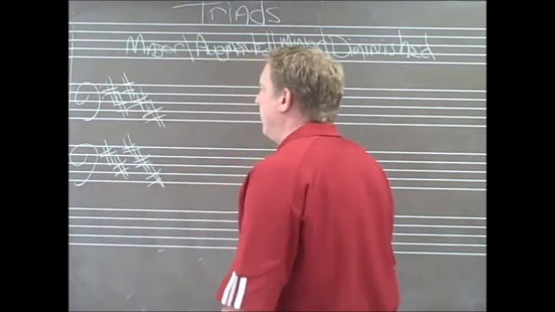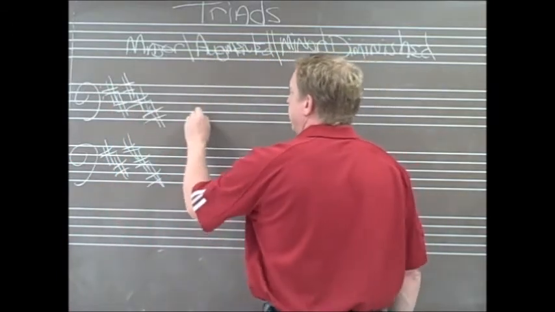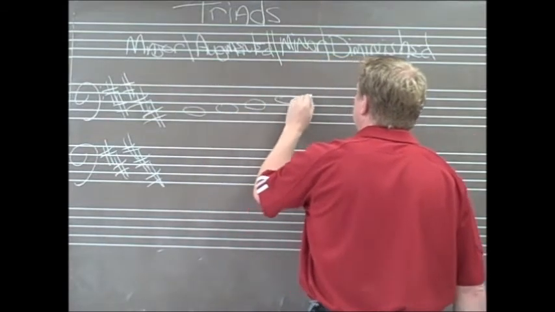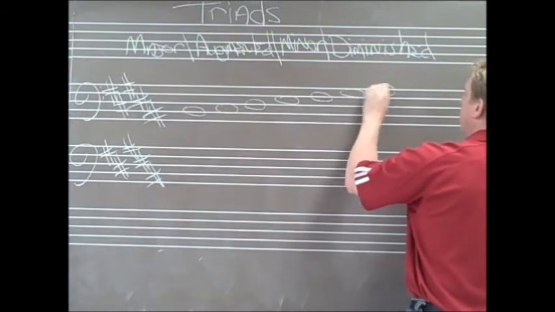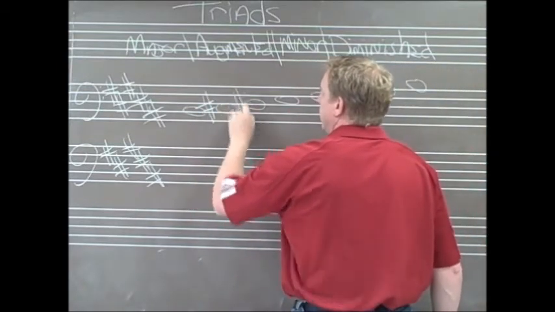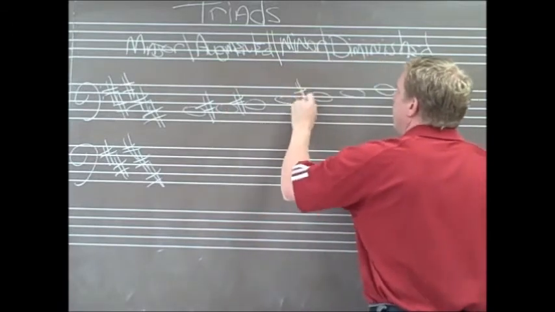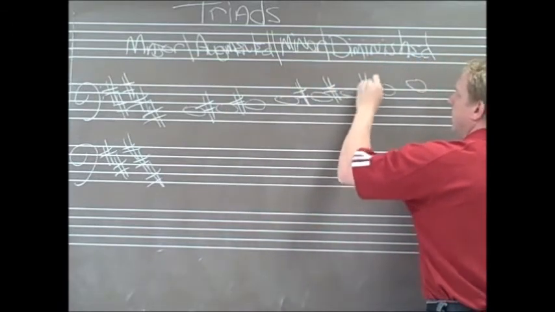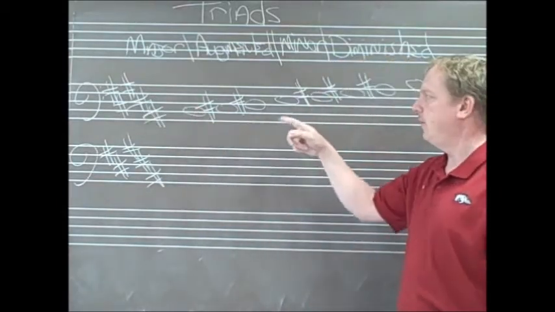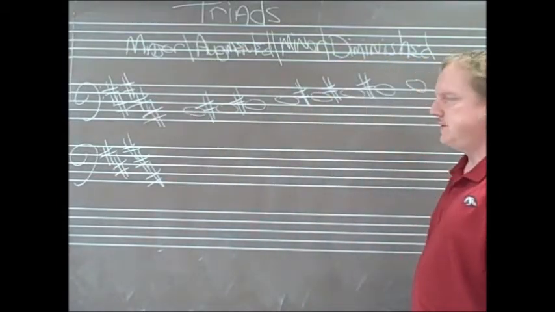All right. The key of B, if I write the B major scale, and if I'm being a good music student, I'll write out the scale with the key signature and the accidentals, just so we can visually see it better.